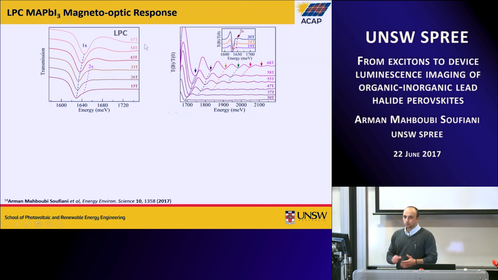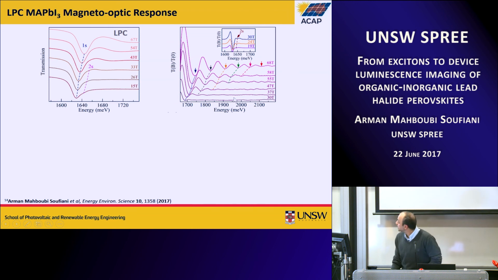Then in order to resolve all the small features in the spectrum, we took the ratio of the transmission at a specific magnetic field to the transmission in the absence of magnetic field. You can see in the inset that this dip is associated with this 1s state, and the other dip at the higher energies is the 2s state.